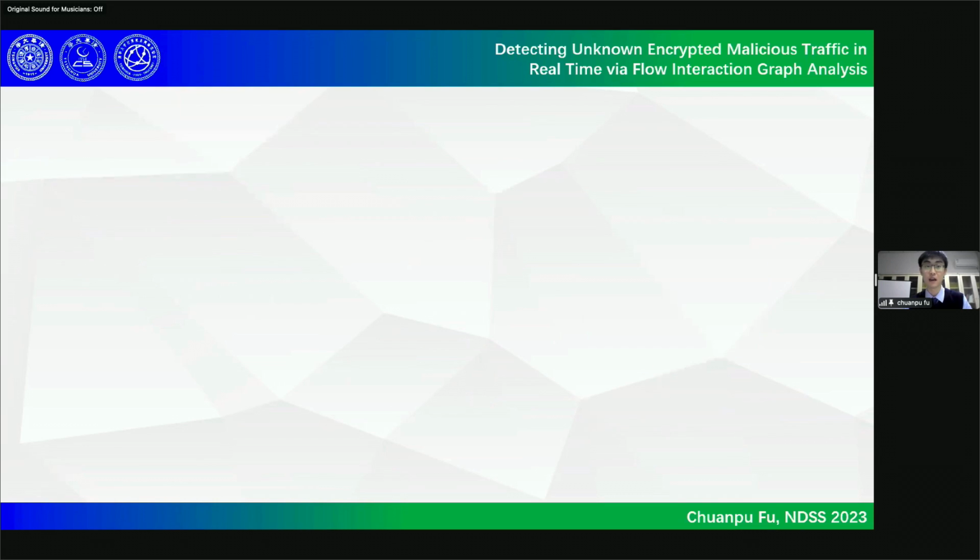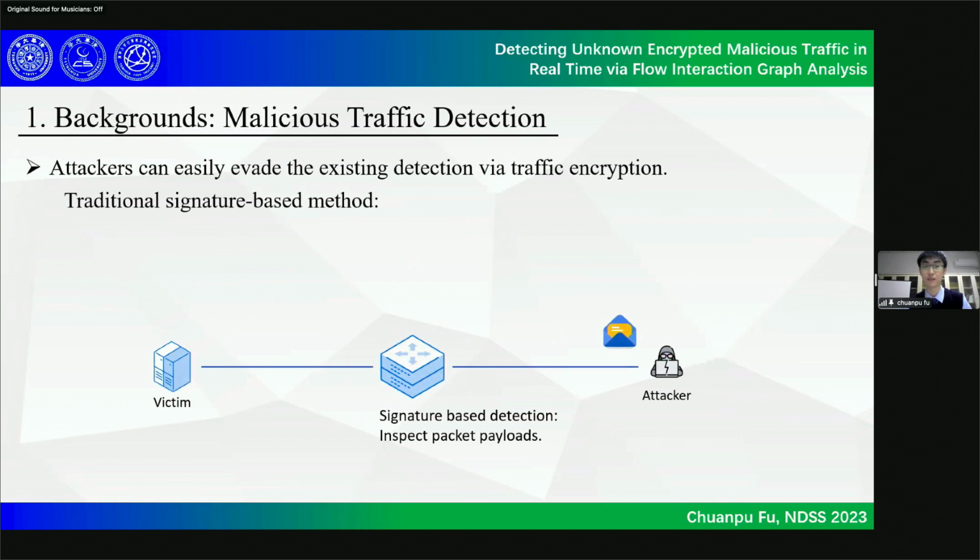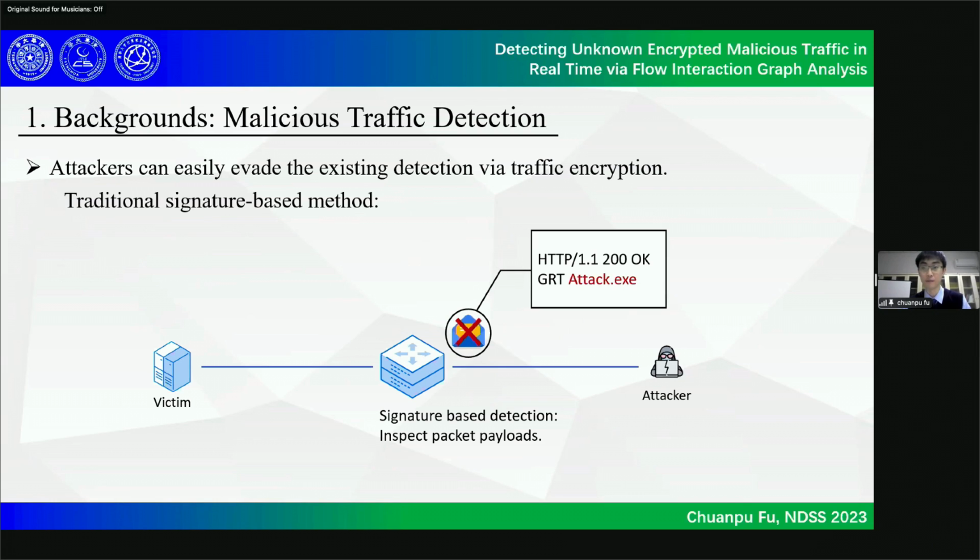As a result, by encrypting attack traffic, attackers can easily evade existing traffic detection systems, which aim to identify ongoing attacks by inspecting traffic. For instance, traditional signature-based malicious traffic detection, such as Zeek and Snort, relies on deep packet inspection (DPI) to check if the packet payloads contain abnormal data, for instance, binary files of malware.